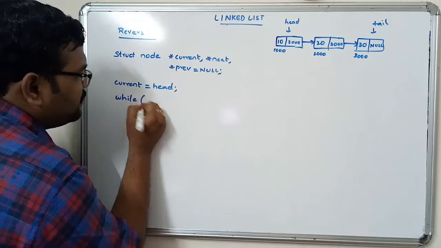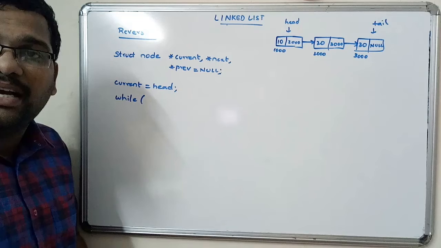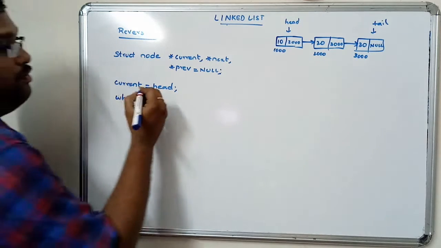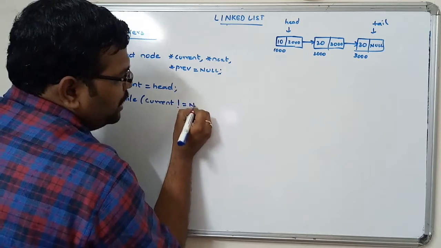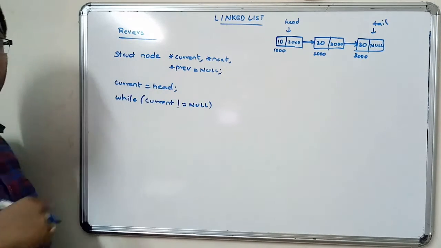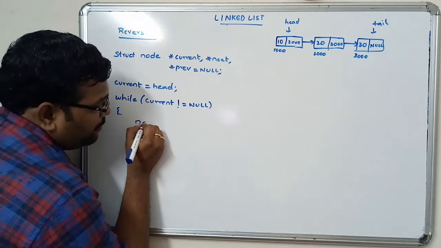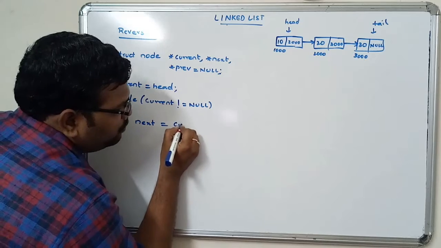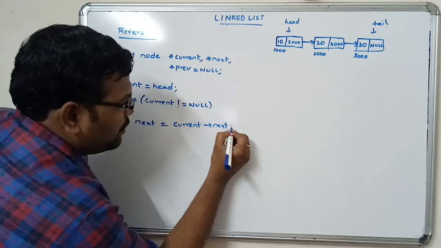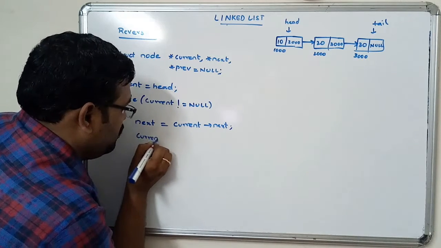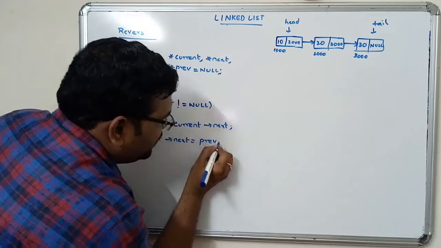Now, iterations. Follow the iterations because we have to move from the first element to the last element by establishing the connections. Right. While current not equal to null, so unless the current is null, these iterations will be performed. Right. Next is equal to current of next. Current of next is equal to previous element.